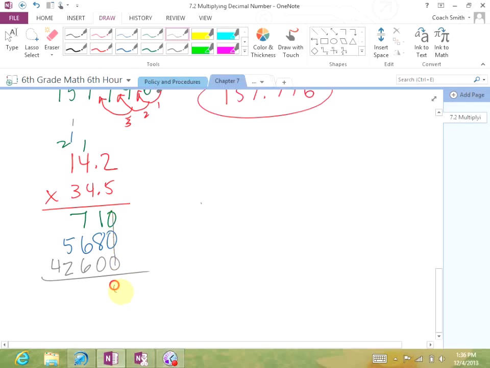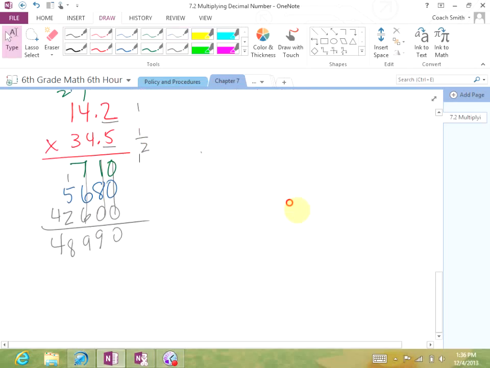Be 0. 9. 19, carry my 1. 8. 4. And I have one place value there, one place value there for a total of 2. So I would move it once, twice. And that's 489.9.